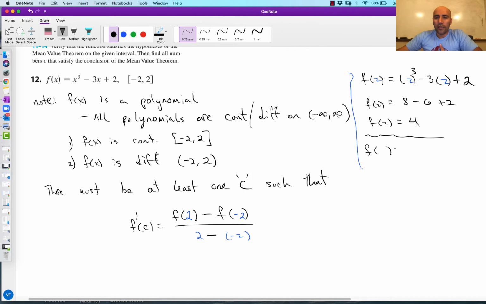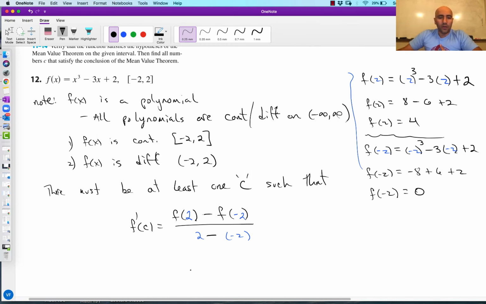Now f of x equals x cubed minus 3 times x plus 2, and let's try negative 2. So f of negative 2 is going to be equal to negative 8 plus 6 plus 2, which gives me a 0. f of negative 2 equals 0.